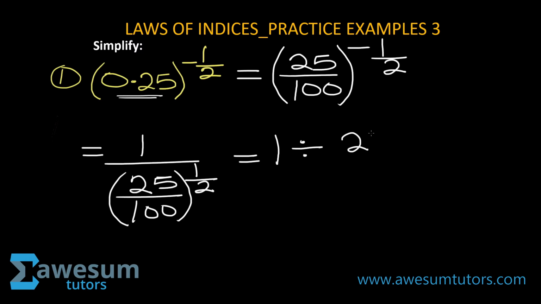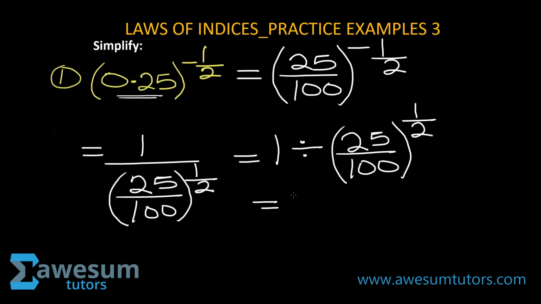So I'll have 25 over 100 raised to the power of 1/2. So that is going to give me 1 divided by 25 over 100 raised to the power of 1/2. That's one of the laws of indices that we call fractional indices.